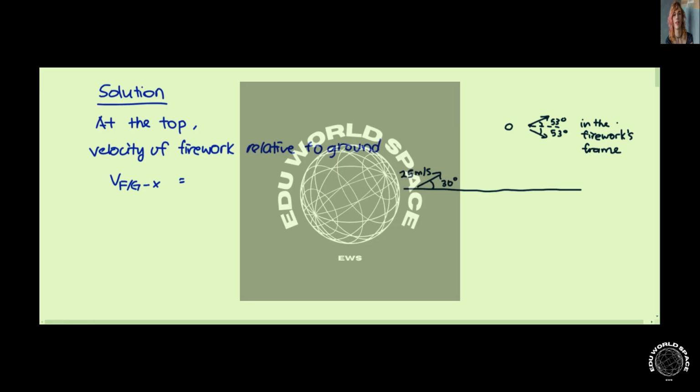So the vfg x component is 25 cosine 30 degrees. And then I'm going to call the fragments A and B.